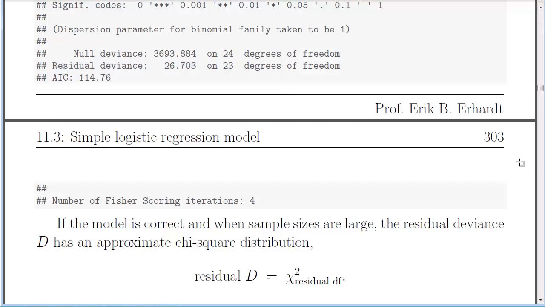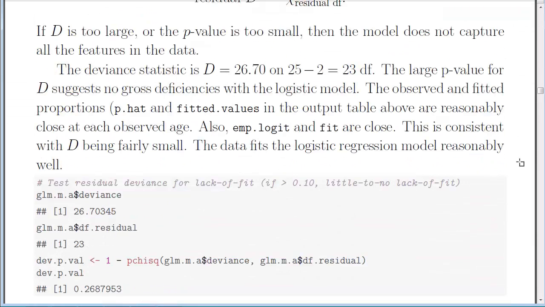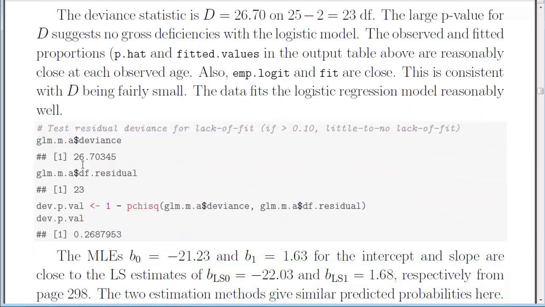We can pull those numbers out from the linear model using deviance, that's this number, 26, and the degrees of freedom, df residual, 23. Because we follow a chi-square distribution, the pchisq function using a deviance statistic of 26 and degrees of freedom of 23 gives us the left tail from a chi-square.